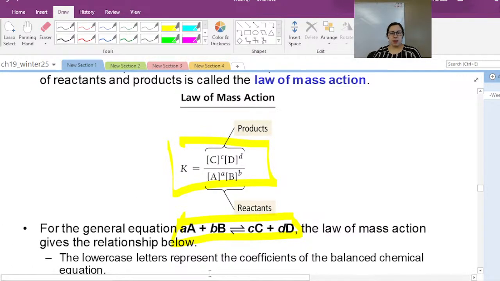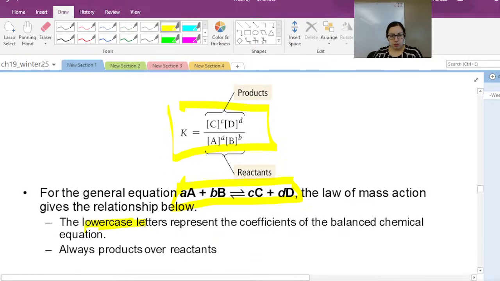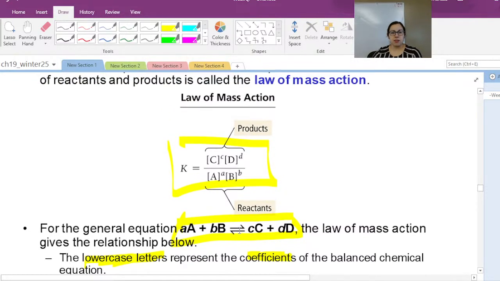Note the general form: you have products over reactants, and everything is raised to the coefficient from your balanced equation. The lowercase letters represent our coefficients, products over reactants. I'll let you copy that down because that's essential. We'll need that form for everything we're about to do.